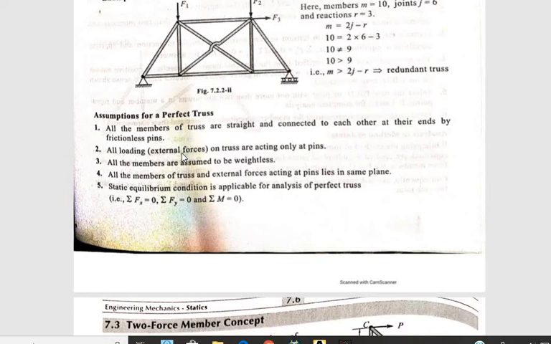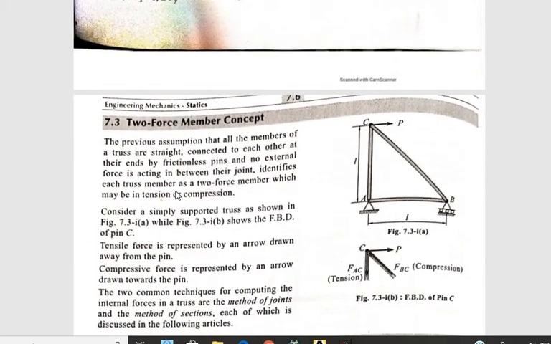Now classification of truss is over, assumptions are over. Now we are going to discuss the concept of two-force member. The previous assumptions, that all the members of the truss are straight, connected to each other at their ends by frictionless pins, and no external force is acting in between their joints, identify each truss member as a two-force member, which may be in either tension or compression.